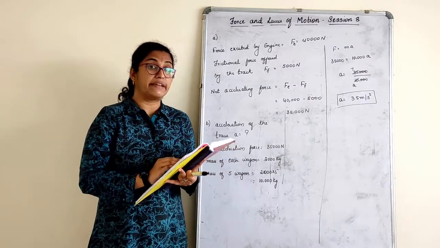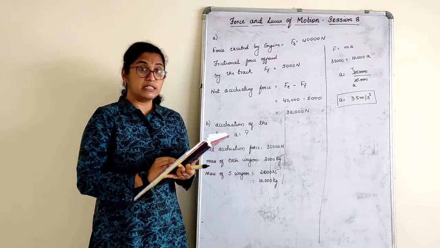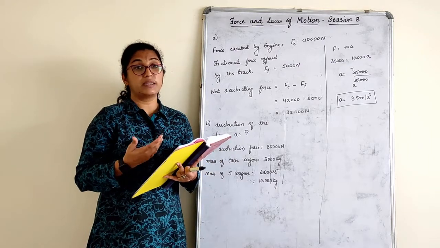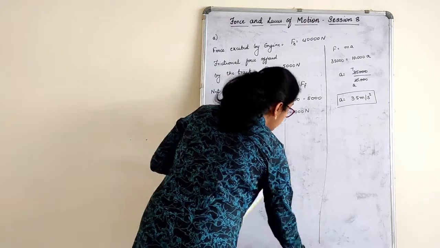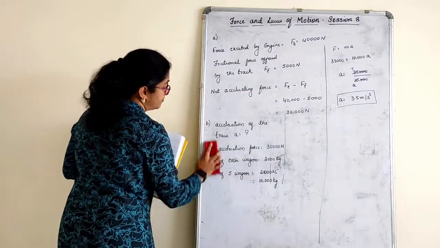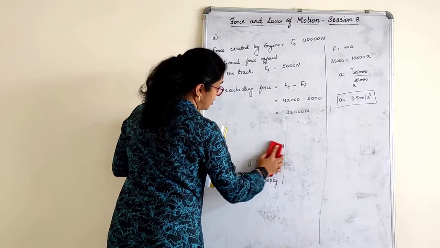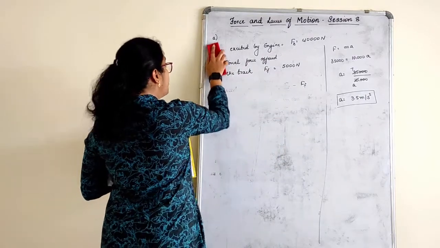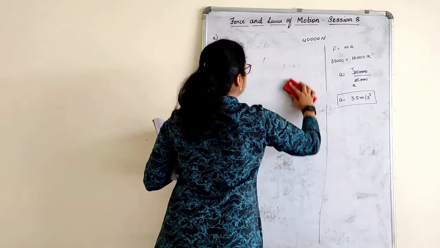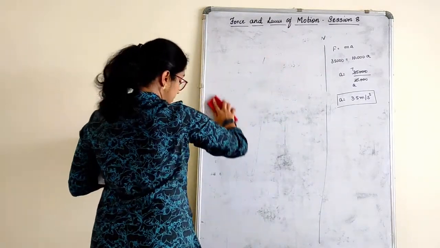This is not given in most textbooks, but since it is available in a few old textbooks, we will solve it. For that, I'll just erase these things. Anyhow, we know the acceleration now. Let's find the force of wagon 1 on wagon 2. C part.